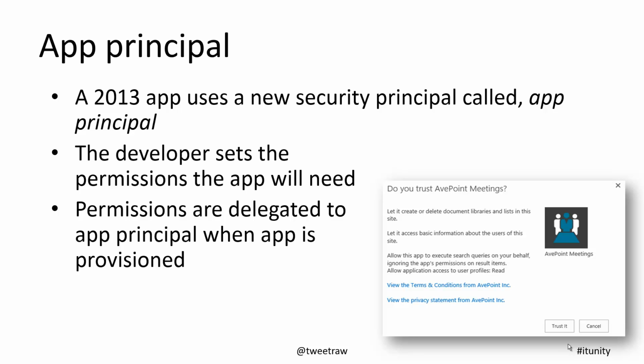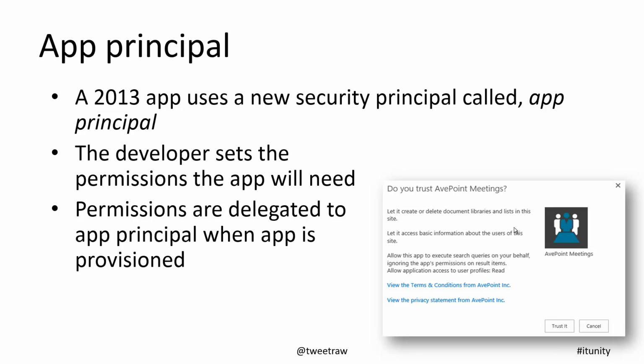And here's where it gets interesting. These permissions are actually delegated at the time that the application is provisioned. So if I choose to create a new instance of an application, I'm going to provision it at that moment in time. And once I trust this application, and I'll demonstrate this in just a moment, this is the actual point where those permissions are granted.